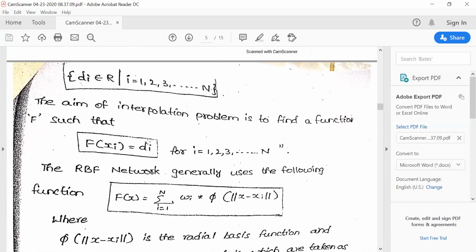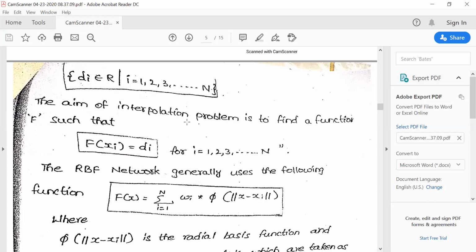This means di acts as the desired responses and xi acts as the input patterns. x1 is the input with its desired response d1, x2 is the input with its desired response d2, and so on. So the aim is to find a function f which maps every input pattern to the corresponding desired response. That's what the interpolation problem is.